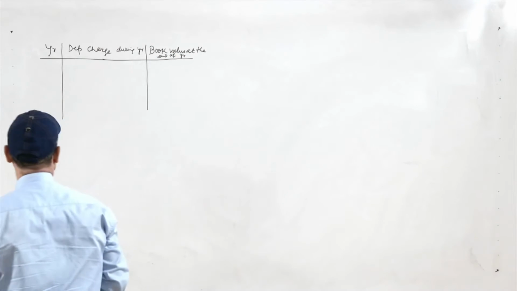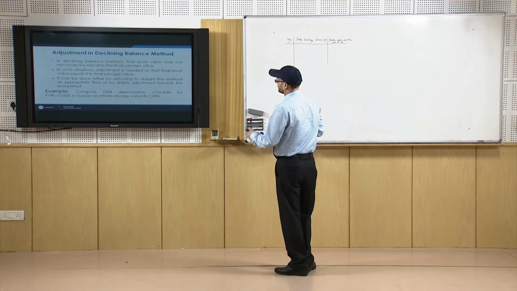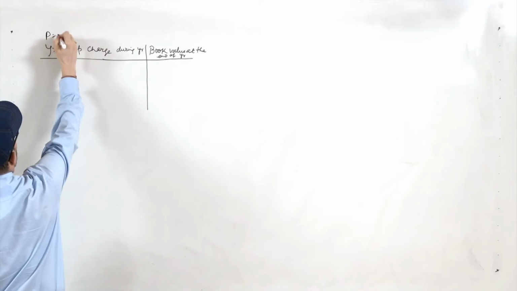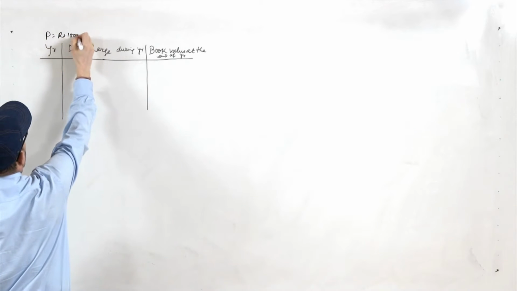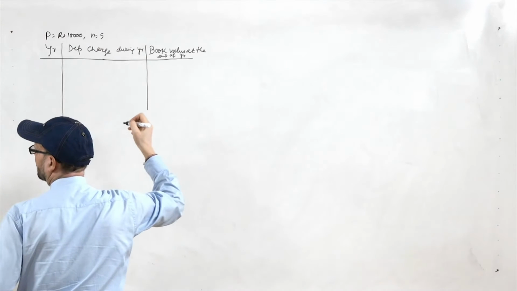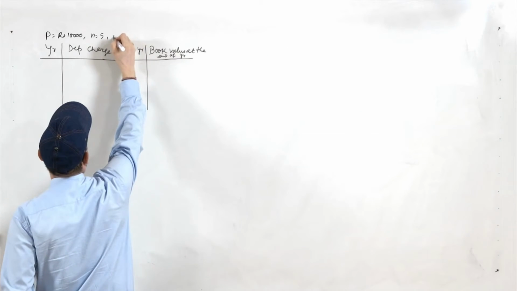So, this is for the data P is 10,000, N is 5 and the salvage value is 2000.